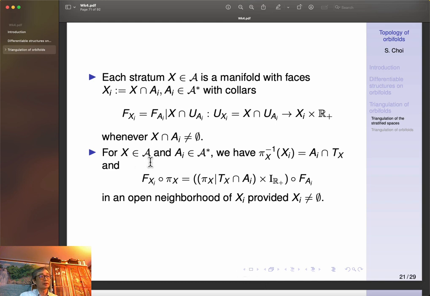Also, for x in A, A_i in A star, we have pi_x inverse of X_i is A_i intersect T_x, and F_{X_i} intersect pi_x composed with pi_x is going to be pi_x. So pi_x restricted to T_x intersect A_i times identity on R_i composed with F_{A_i}. So it satisfies a certain compatibility condition from X_i to F_i. So that's all what it is.